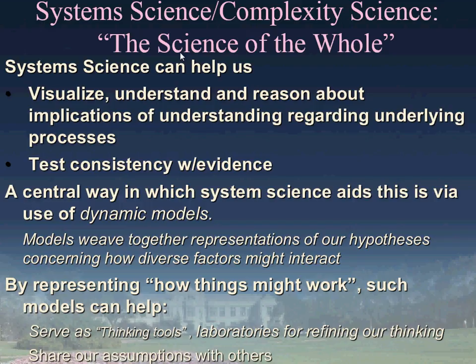And it involves putting out in a public sphere our assumptions in a way that can be critiqued, refined, and brought forward collectively, and which can be tested against evidence in ways that wouldn't be possible if we're still in our heads. The central way in which system science attempts this is through the use of dynamic models. And we'll be talking about what is meant by a dynamic model. But basically these models weave together representations of our hypotheses concerning how diverse factors might interact with empirical evidence.